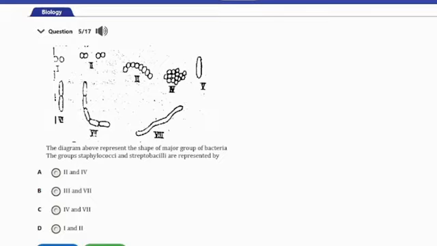So you can see a single bacilli as V. But guys, when they join end to end this way, that is actually the strepto, and when you have bacilli in the strepto form, that's streptobacilli. You can also have streptococci like the one seen in III. So you just have to understand the naming pattern for all the bacteria forms.